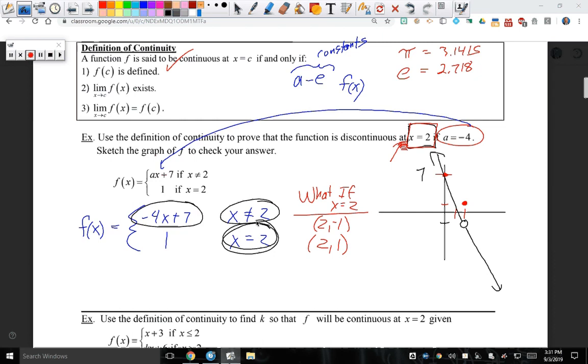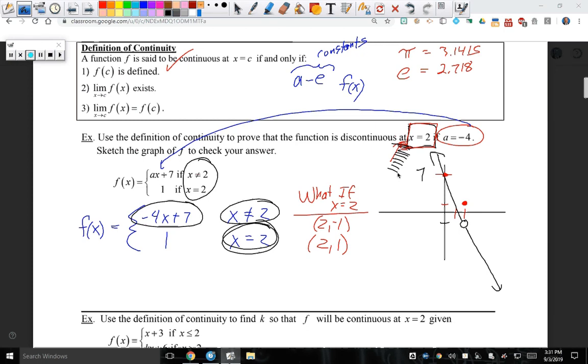Okay. So you tell me, from the picture, is it continuous? No. It is not continuous. Okay, let me rephrase that. Is it continuous anywhere? Yes. Is it continuous at 2? No, it's not. So that's just the grunt work, because we have to write all this out in just a bit.